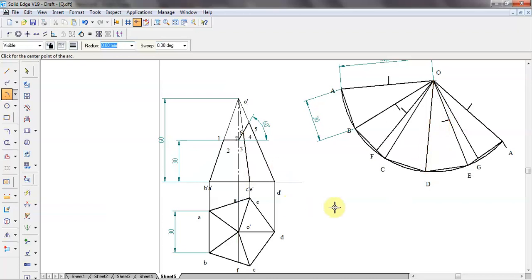Okay, now you have to measure the other distance also, between C and E. Measure this distance, 24.65, it is cutting C and E. Take an arc, 24.65.